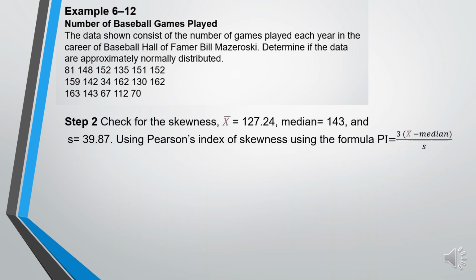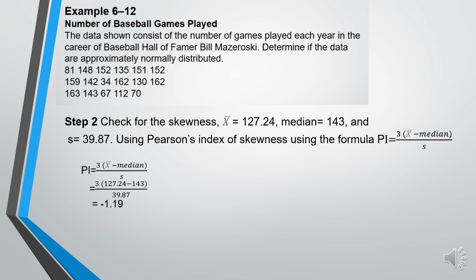Step 2. Check for the skewness. X bar is equal to 127.24, median is equal to 143, and standard deviation is equal to 39.87. Using Pearson's index of skewness, the formula is PI equal to 3 times the quantity X bar minus median, all over the standard deviation. By using this formula, we can now substitute the given data.